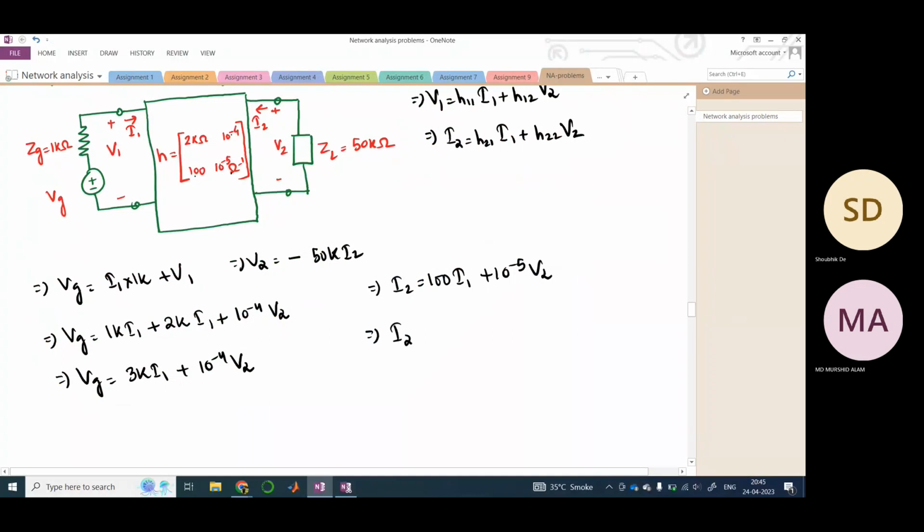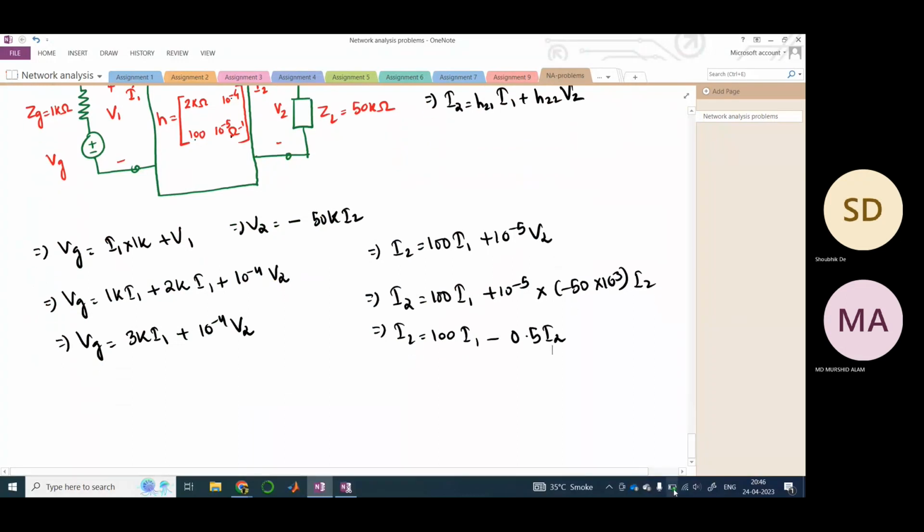So this would be I2 is 10 to the power minus 5 into minus 50 into 10 to the power 3, right? And this would be I2, right? So this would be I2 is equal to 100 I1 minus, this would be 10 to the power 4, so 0.5 basically, right?